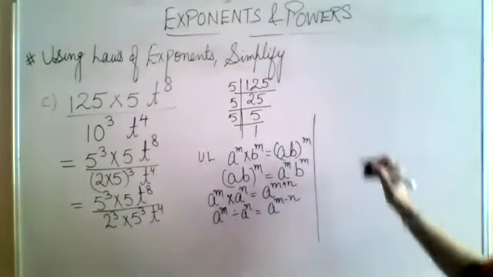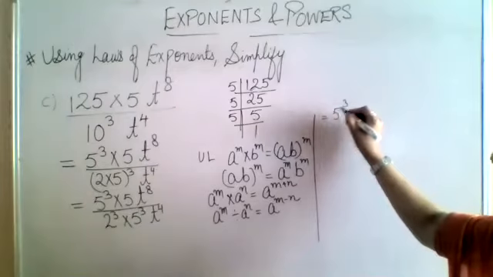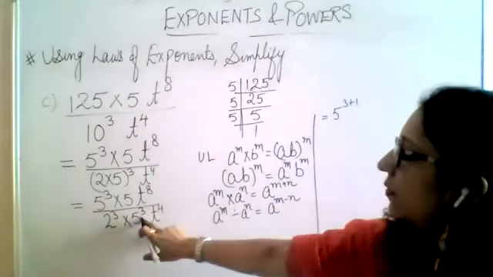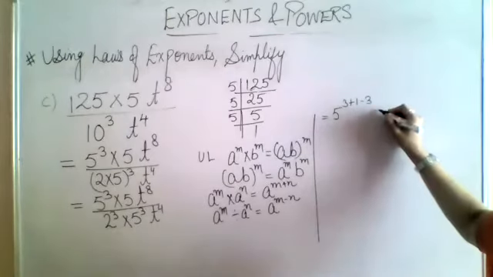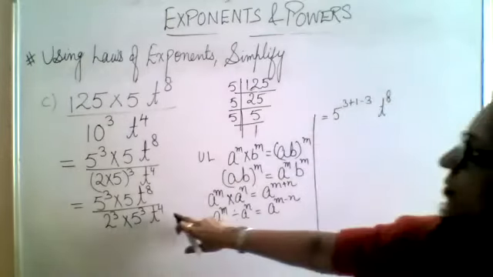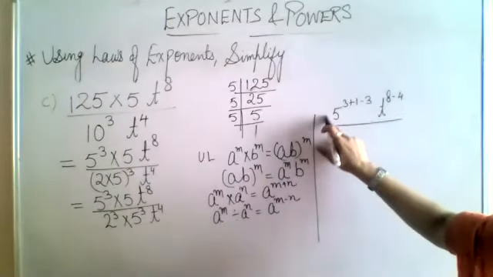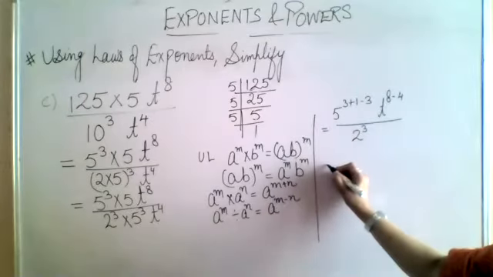So you write 5 raised to power 3 plus 1, and this is in division, minus 3. t raised to power 8, this is in division, minus 4. And 2 raised to power 3 is alone, so you write it as it is.